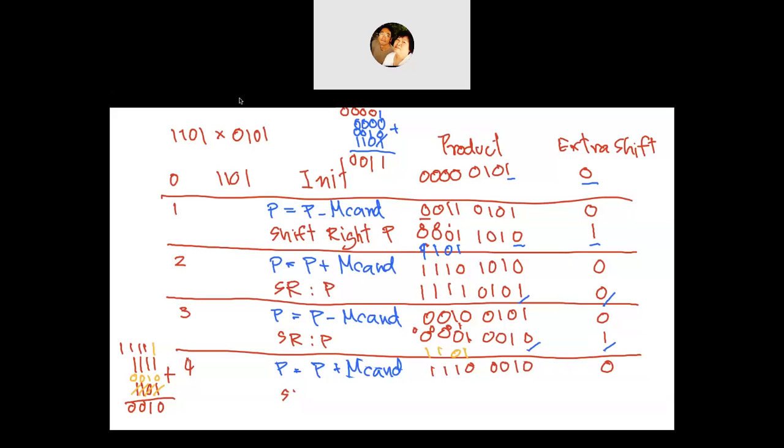And then finally, we should write the product. So we get this 1, 0, 0, 0, 1, 1, 1, and then we put 1 there. Because the sign extension here is 1, so we have to put 1 there. And this is the result.